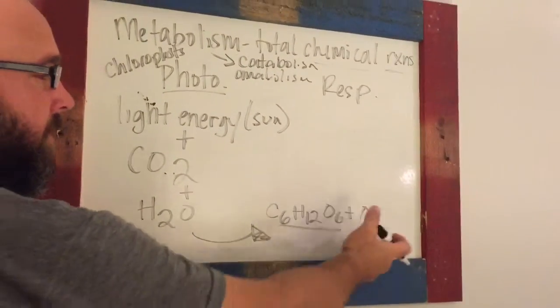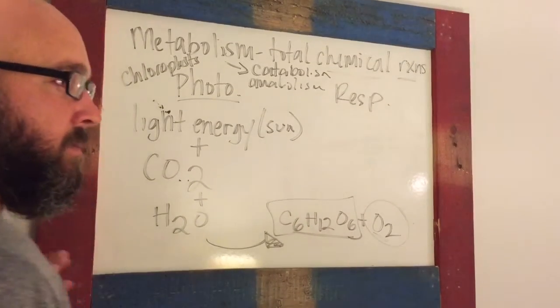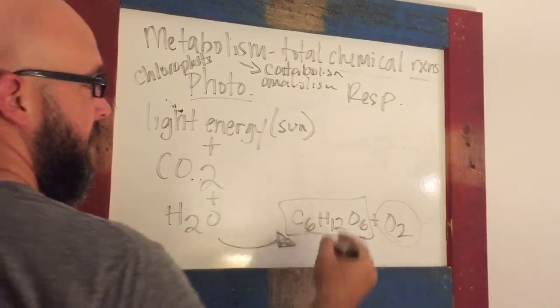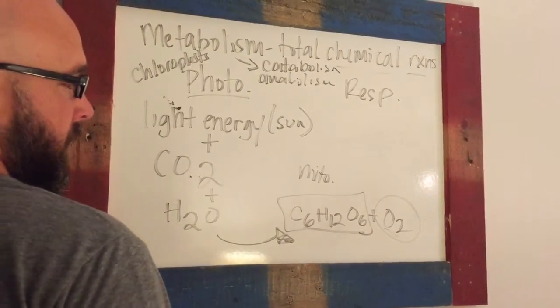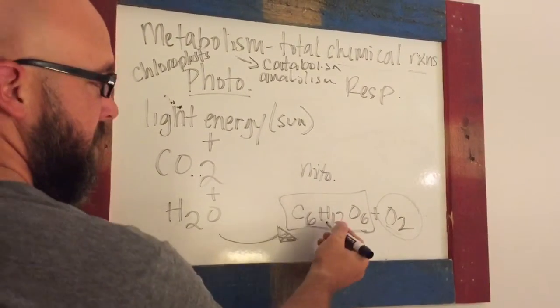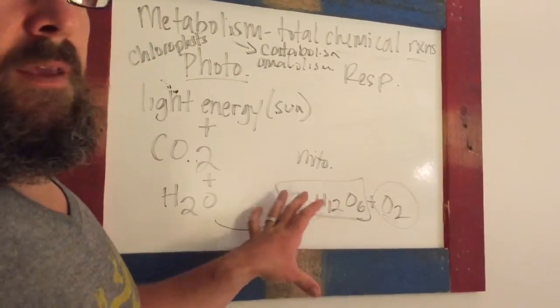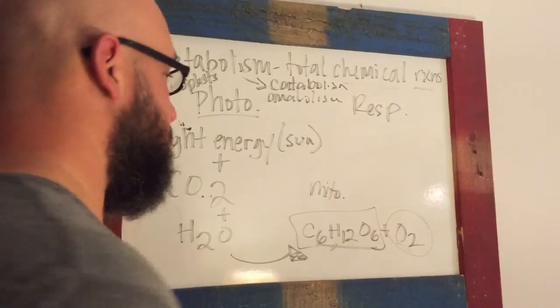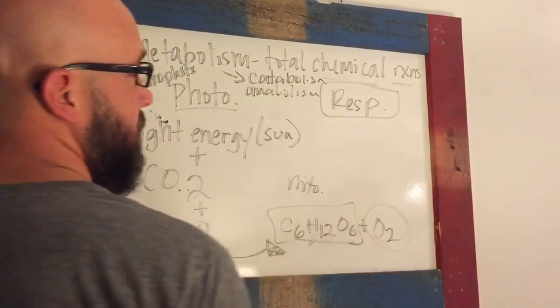We then breathe in the oxygen, eat the glucose, and then our mitochondria in our cells take that and turn this into chemical energy. Sugar is chemical energy. It takes the chemical energy and we transform it into usable energy. So this is going to go through a whole process that's called cellular respiration.